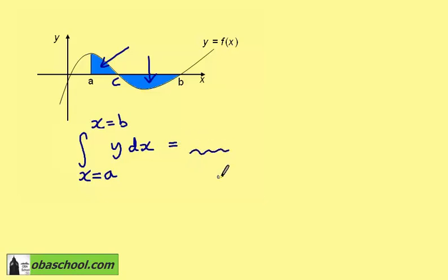This answer will be produced by the bit above and bit below cancelling each other. So we need to deal with these separately.